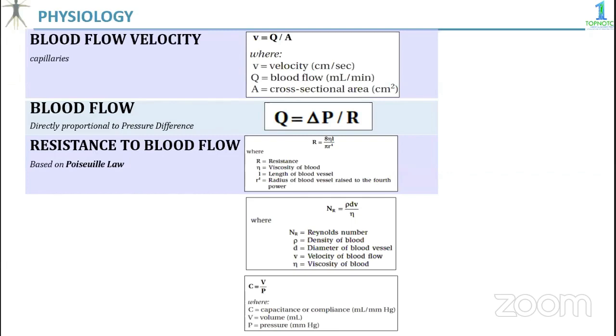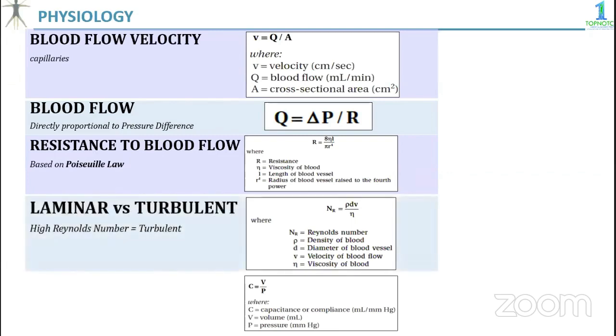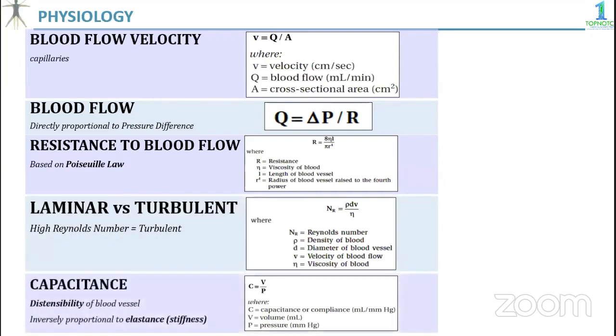So decrease na yung resistance niya. So that principle goes as well with the laminar versus turbulent and as well as your capacitance. Okay? So you have to know kung ano yung mga ibig sabihin ng mga symbols na yan. Okay? So yeah, this is very important, usually the principles and the concepts behind the formula para ma-apply nyo siya sa mga situations or cases if they're gonna give any cases.